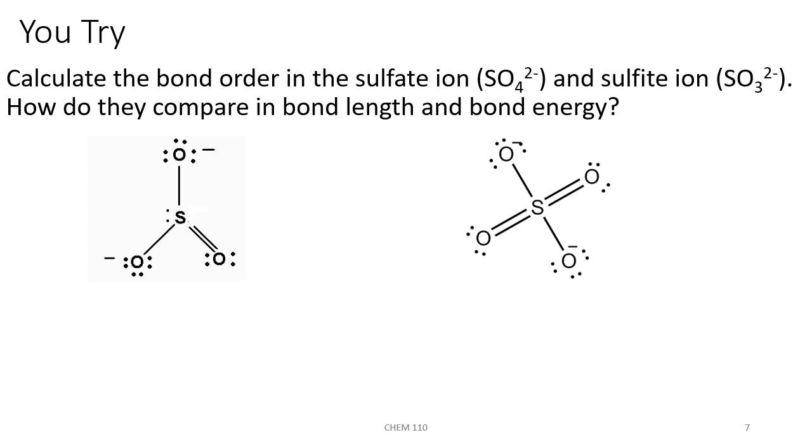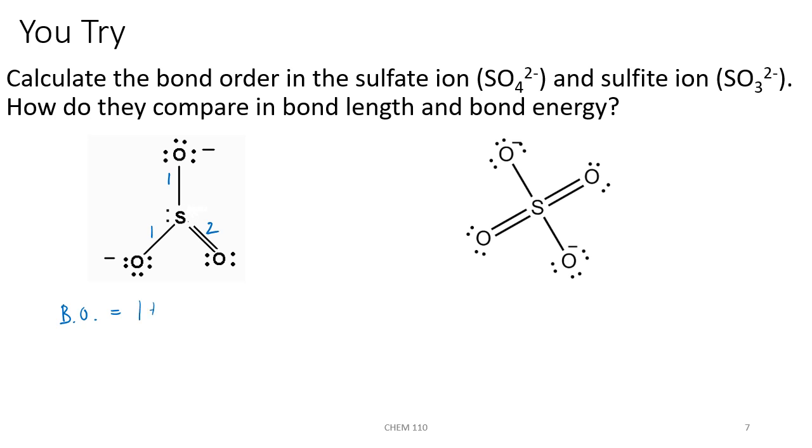Calculate the bond order in the sulfate ion, SO4, and the sulfite ion, SO3. How do they compare in bond length and bond energy? Starting on the left-hand side, we have our bond order calculation, which will be first determining the number of bonds. So we have 1 single bond that'll get a bond order of 1, another single bond which will get a bond order of 1, and a double bond which gets a bond order of 2.